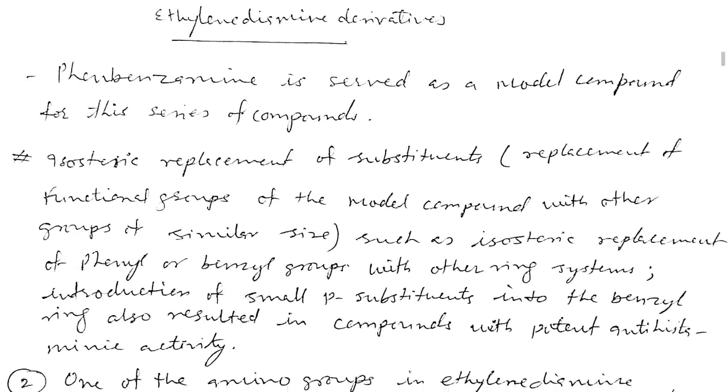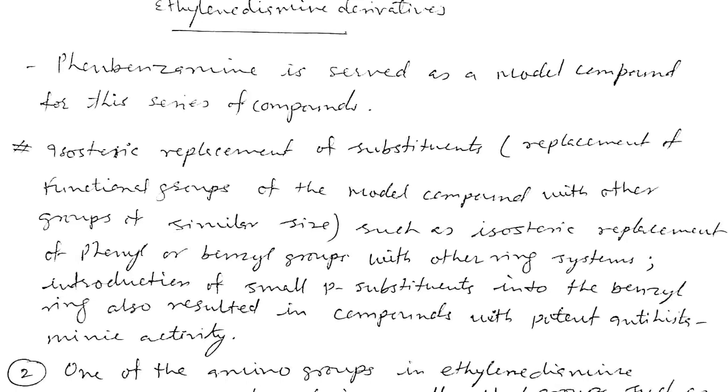Another thing is isosteric replacement. I have told you that isosteric groups means two groups that have similar molecular weight and almost similar atomic size.